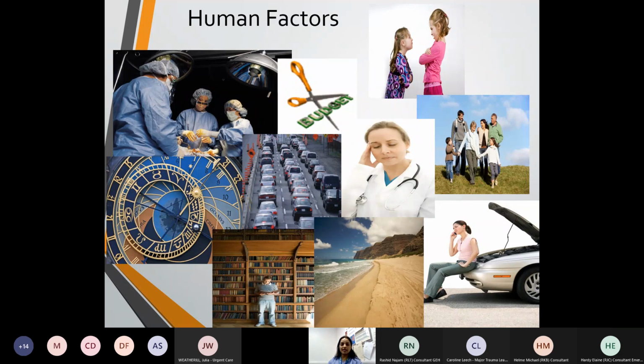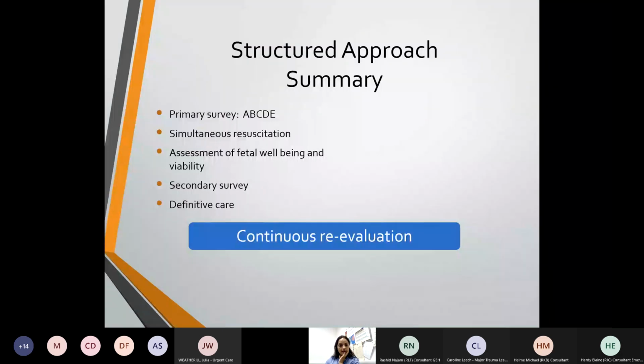I mean, all of us have got our own bad days or good days, but we just need to keep this in the back of our mind, to voice our concerns if that is what we think needs to happen. So it's not a human factors lecture, but it's something that we need to always keep in mind, because in obstetric emergencies we always talk about human factors.